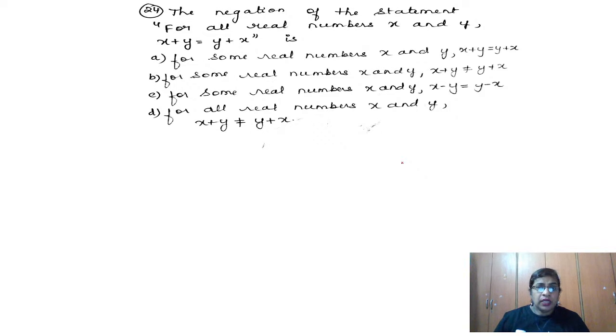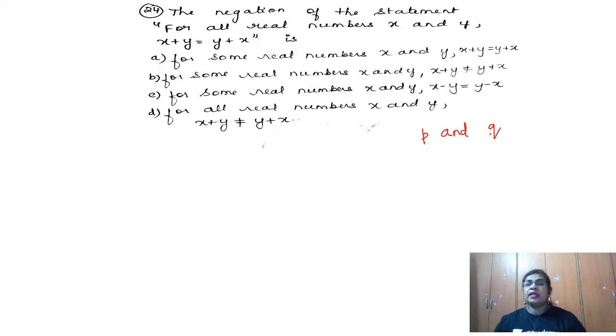Here we have 'for all real numbers', so the negation can come in 2 different ways. One is with and, or. Suppose you have P and Q, where P is one statement and Q is another.